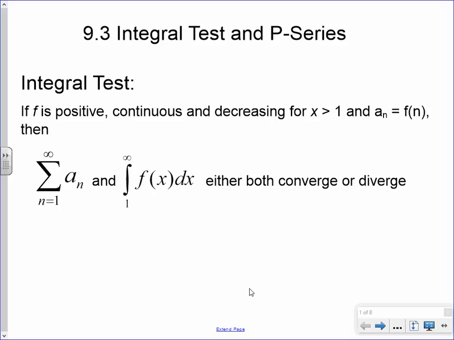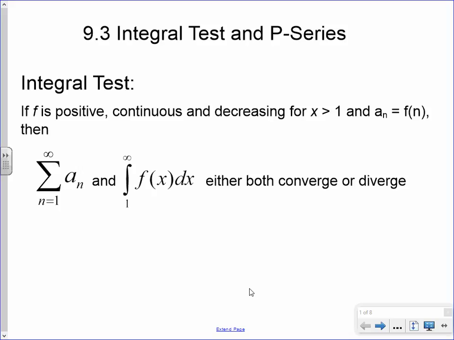And I'll show you an example here, my second example. But as long as we are decreasing indefinitely, we can use the integral test. Okay, so we're going to do 3 examples with the integral test.